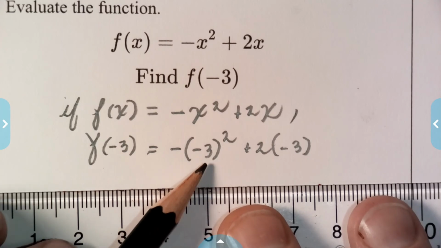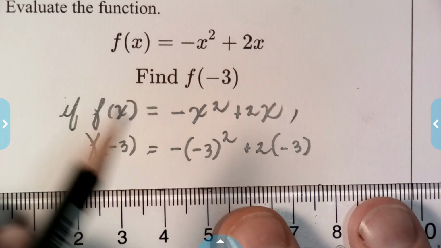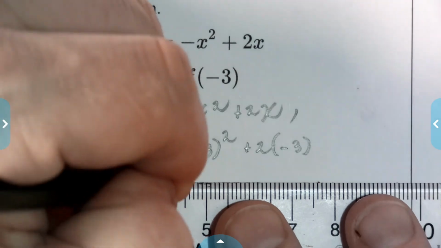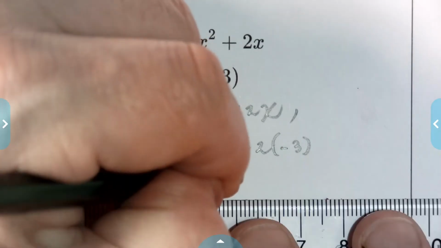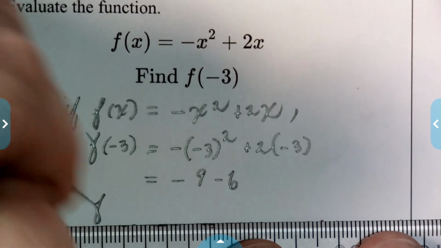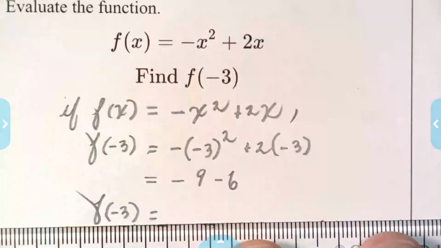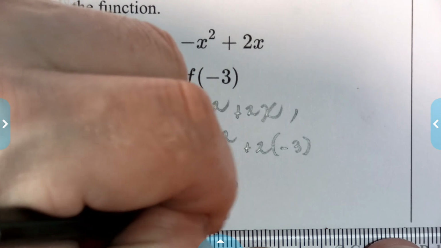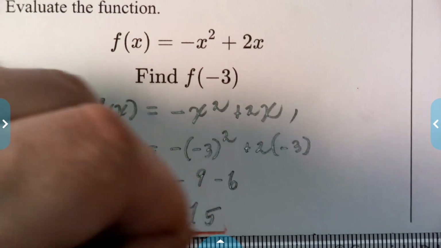Okay, so we have negative 3 squared, that's 9, multiplied by negative 1 gives me negative 9. Minus 6. So now I have f of negative 3 equals negative 15. Okay, and we'll put that in the box.